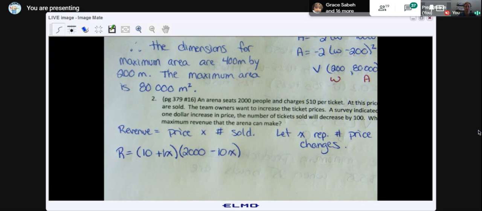We can't complete the square like this. We need to FOIL it first. So take a moment and expand it to standard form.